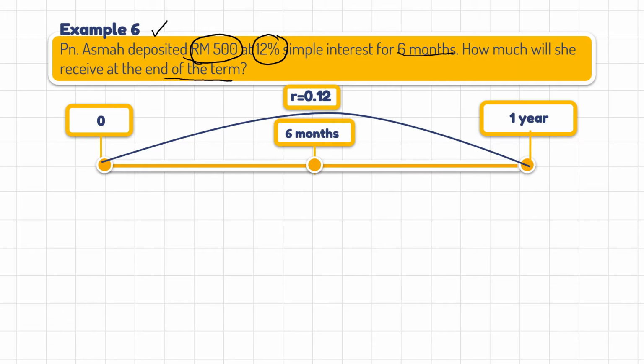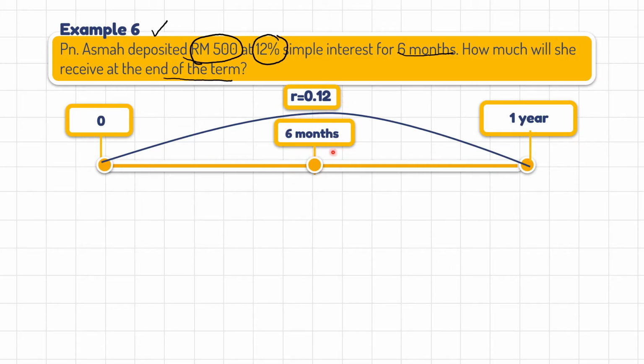So this is the timeline. From the timeline, we can see that the simple interest is 12%. Since this question is about simple interest, we are going to use only one loop. From 0 to 1 year, we will gain R equals 0.12. Why is there 6 months here?